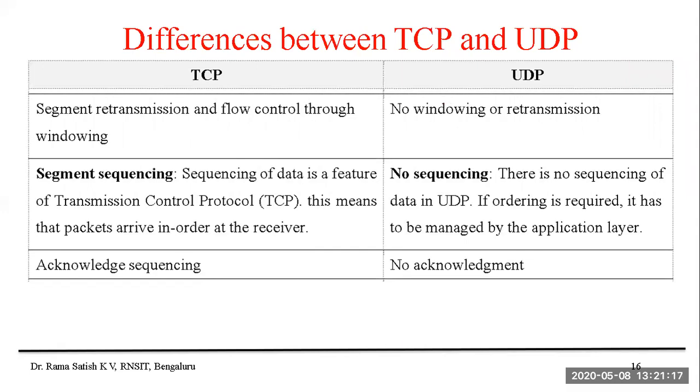Further, segment retransmission and flow control through sliding window. Segment retransmission means that if I particularly want frame or packet number 6 to be retransmitted, you can ask, and it will be retransmitted. And the entire flow can be controlled through the sliding window.